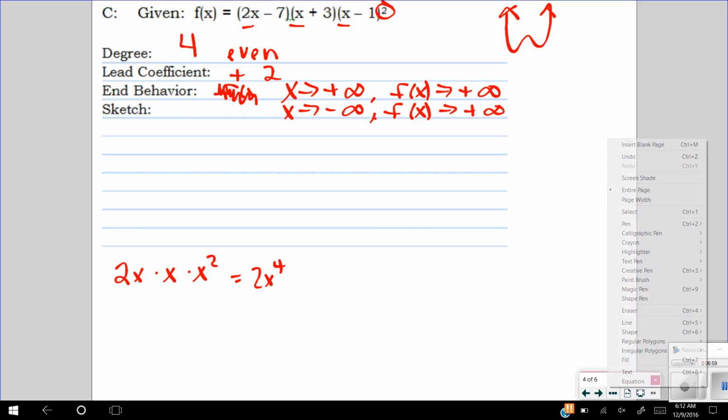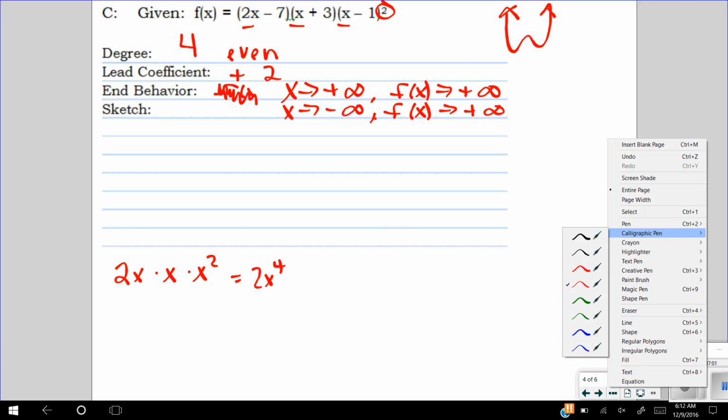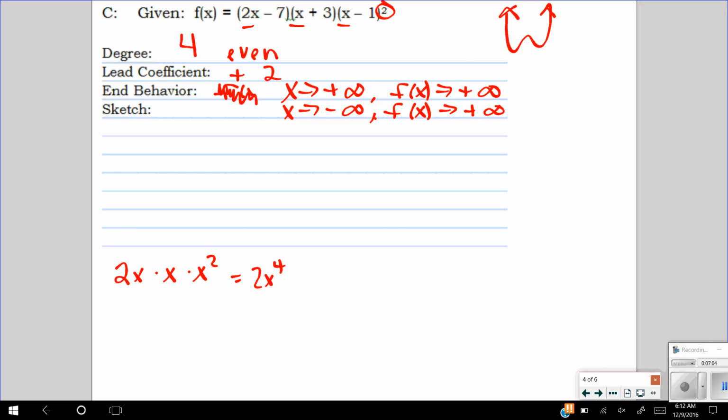Okay? Now, in order to make the sketch, I'm going to want to get the zeros and be able to tell if they are touch points or cross points. So, for the factor 2x minus 7, the 0 would be 7/2. And since there's only one of them, it's odd, making it a cross point.